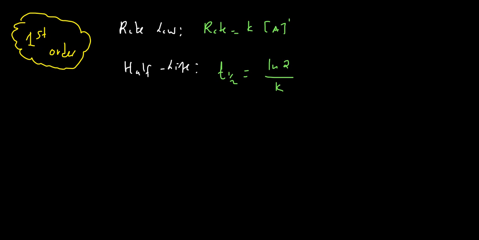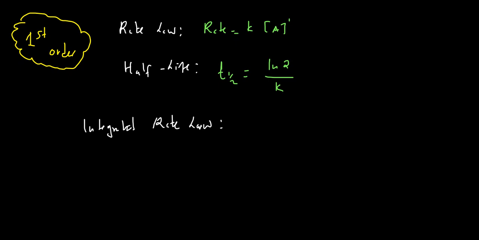And then when you look at the integrated rate law, it's important for you to again understand it. This one, it's only first order that has a natural log in it.